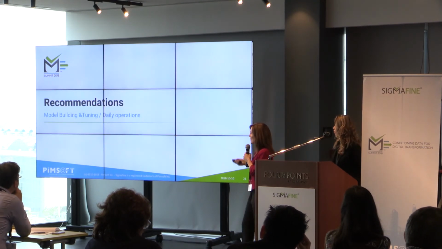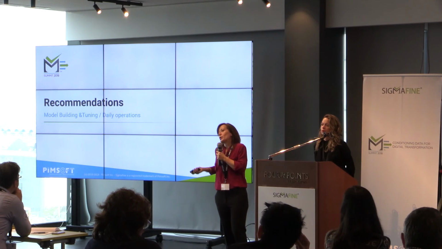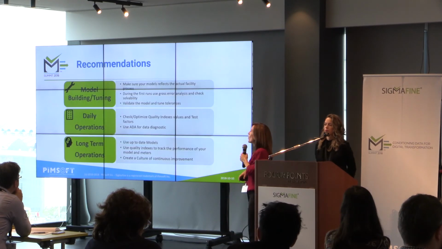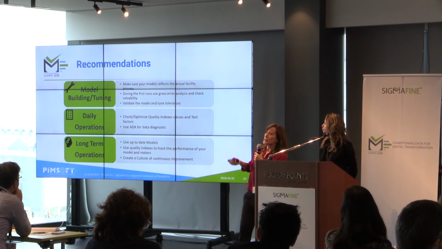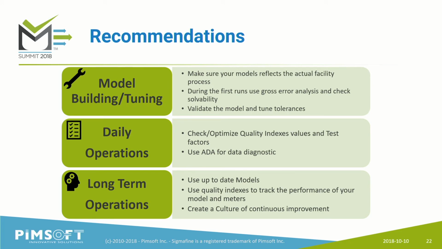Okay, so let's finish with some recommendations and conclusions. We saw that Sigmafine is model-driven. So first of all, when you build your model, the recommendation is that you build it in a good way, so it really reflects the process that you want to balance.